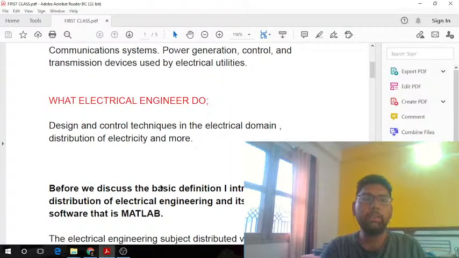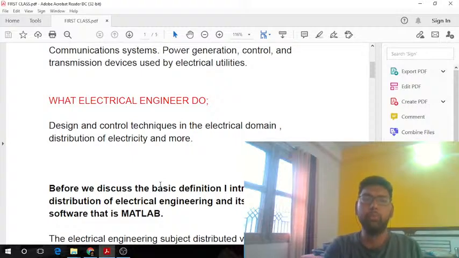What does an electrical engineer do? An electrical engineer helps you to design and control techniques in the electrical domain, distribution of electricity and more. Before the distribution of electricity, what we need is the generation of electricity, then transmission of the electricity, and then distribution of the electricity house to house.